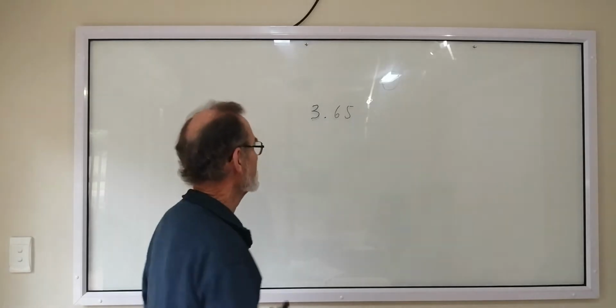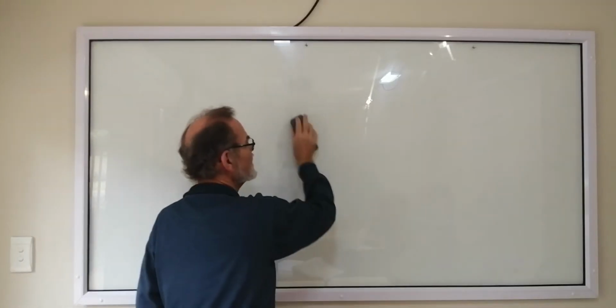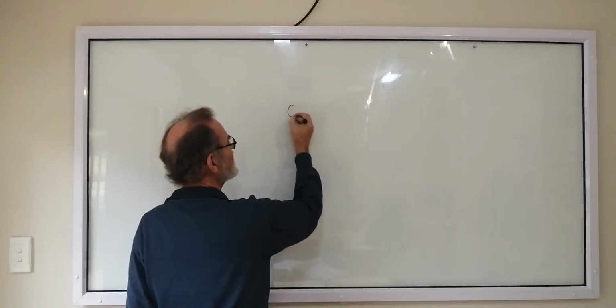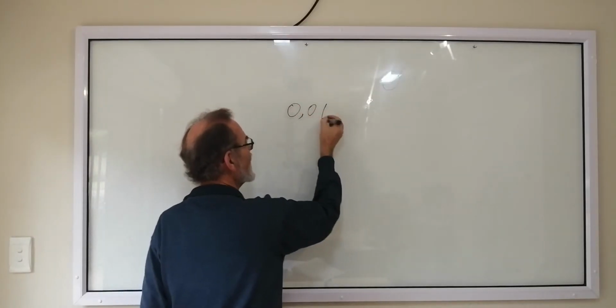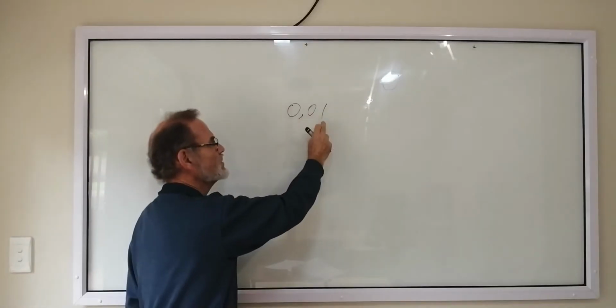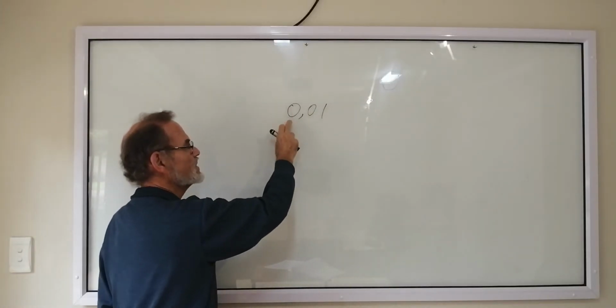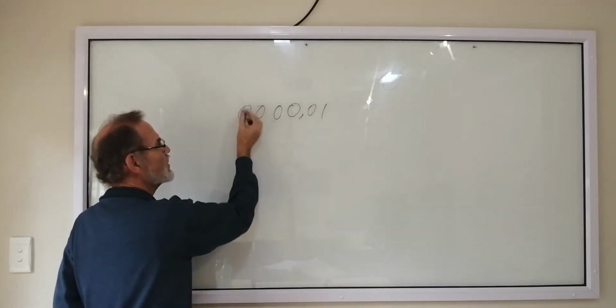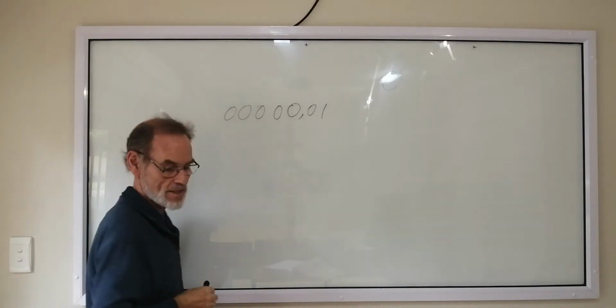So for significant figures you count the digits. 0,01. How many significant figures? 2. 1, 2. This 0 you don't count. You can write as many zeros here as you like. Won't change the number. Okay?